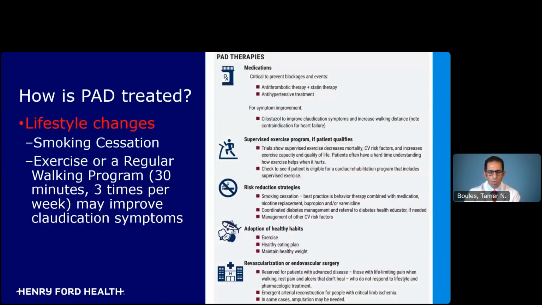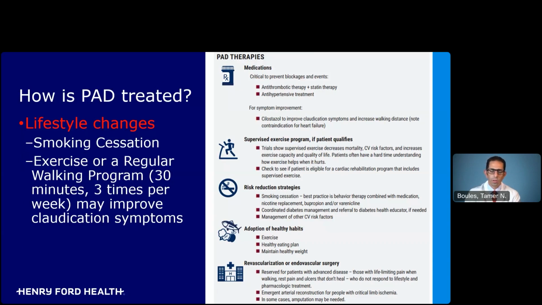So how is peripheral arterial disease treated? Well, as I mentioned, most people with peripheral arterial disease don't need surgery or procedures. And most people who have peripheral arterial disease identified on testing based on symptoms or screening really should be encouraged to pursue lifestyle changes to reduce the risks of progression.